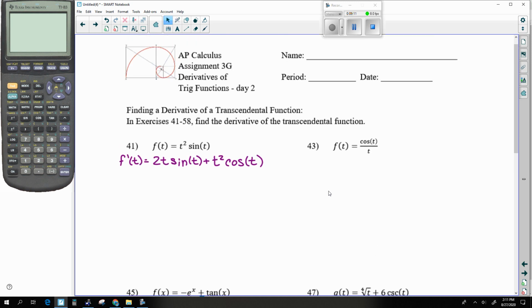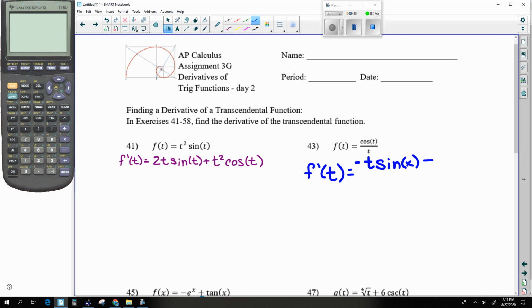Okay, here we have a quotient rule. So the derivative is going to be bottoms up. So the bottom comes up, times the derivative of the top, which is going to be negative sine. And that's going to be minus, okay? So there I took the derivative of the top.